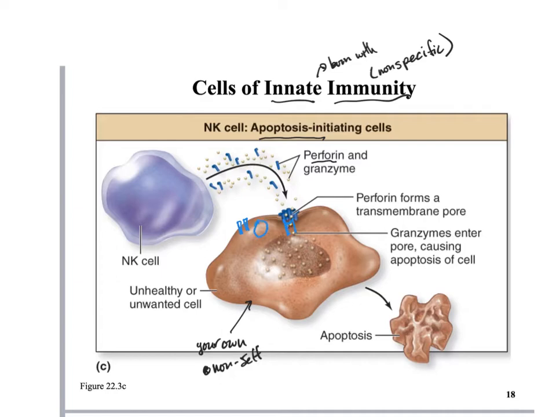Then granzyme goes in through the tunnel and causes the cell to undergo apoptosis. It doesn't matter which cell it is, the natural killer cell will attack whichever one is there.